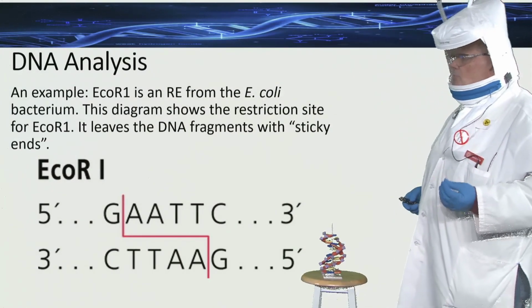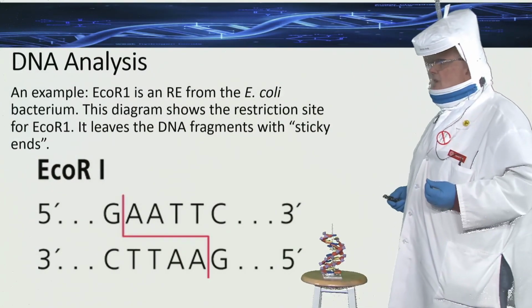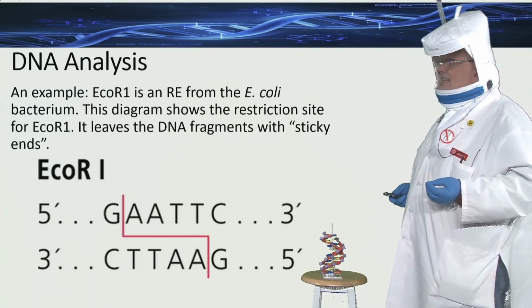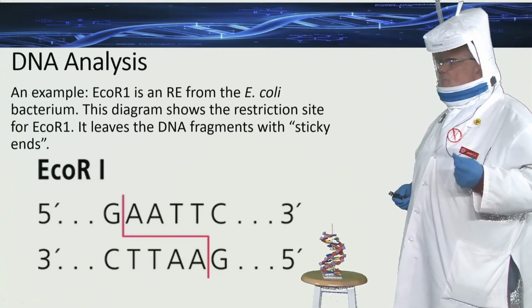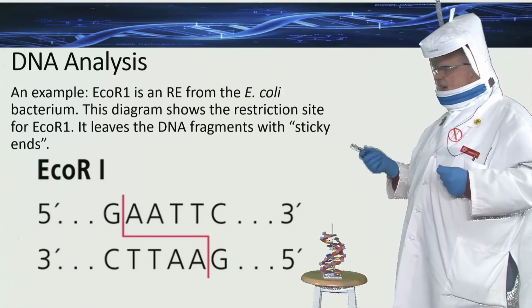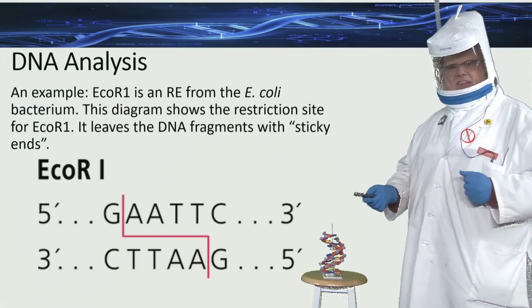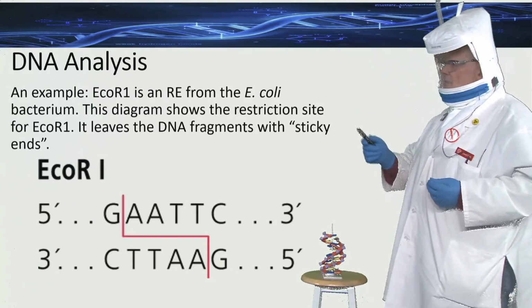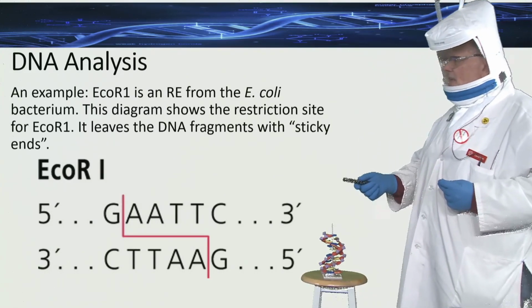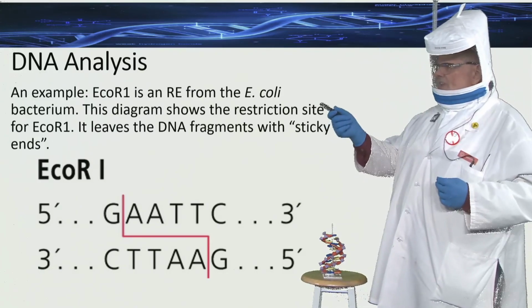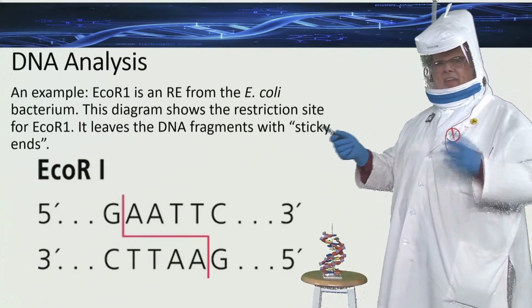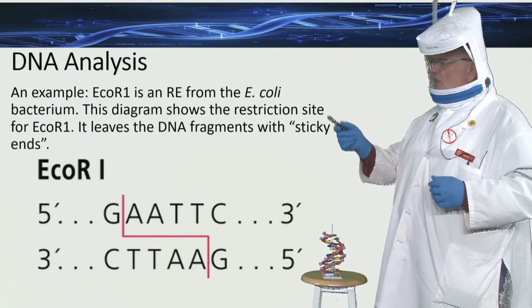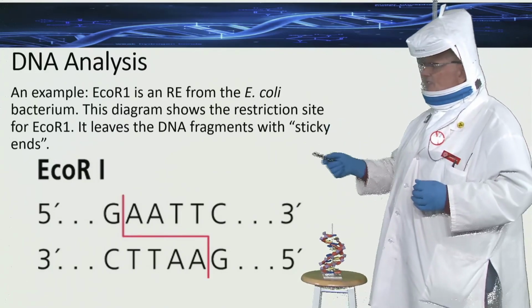So for example, EcoR1 from Escherichia coli is a restriction enzyme that cuts at this specific site, and only this specific site. From the 5' end, it will cut between the G and the A if you have the complete sequence GAATTC.